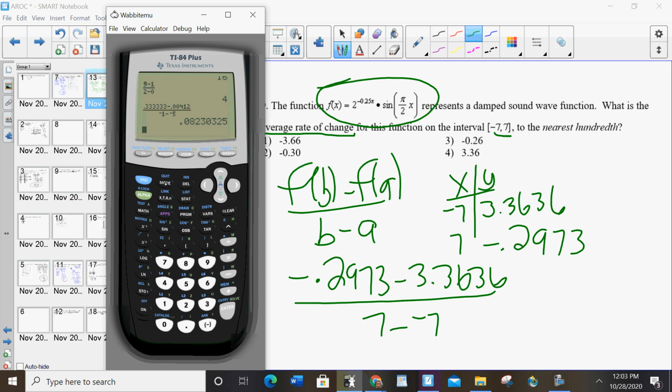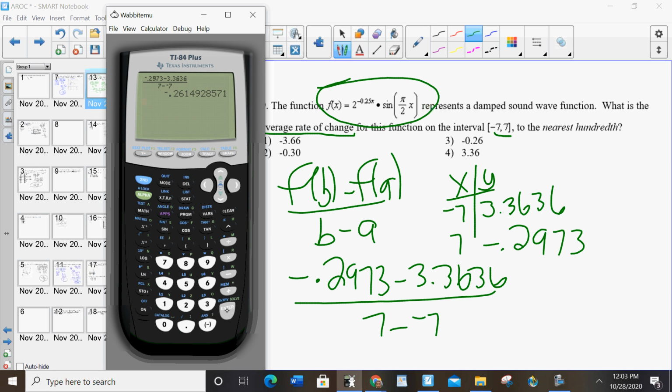Again, it looks complicated, but it's really not. You're letting the calculator do all the hard work for you. -0.2973 minus 3.3636 over 7 minus -7.